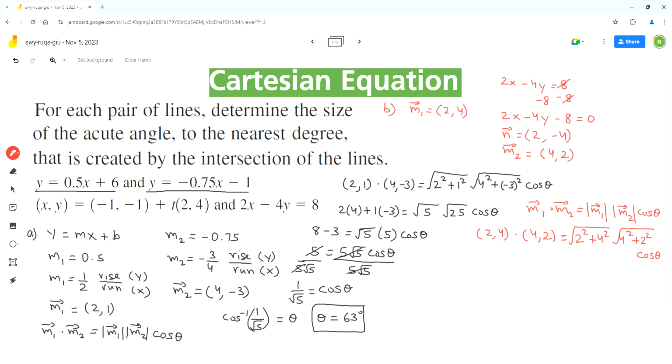Now we can do the dot product on the left side. So we should multiply the x components and y components. 2 squared is 4, 4 squared is 16, and 4 plus 16 is 20. And we get the same result for the second square root term.